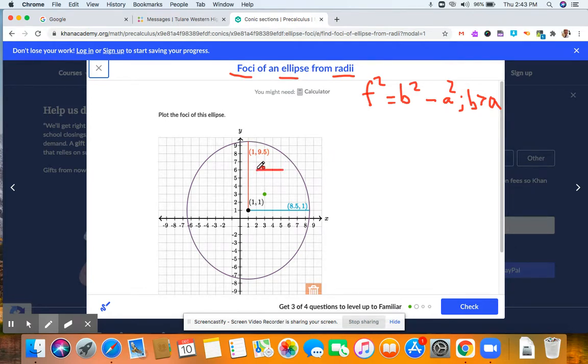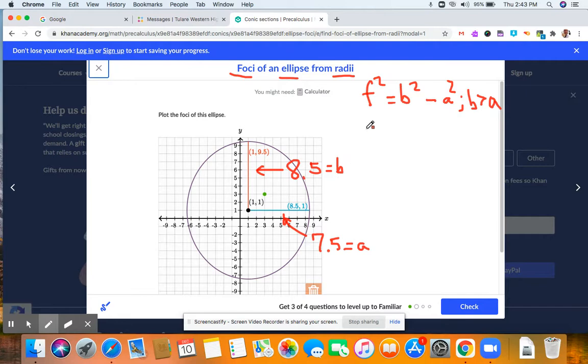So this one is 8.5. That's our B, because that links together with the Y. So there's our B. And then this one is our A, which is from 1 to 8.5, a change of 7.5, which is our A.